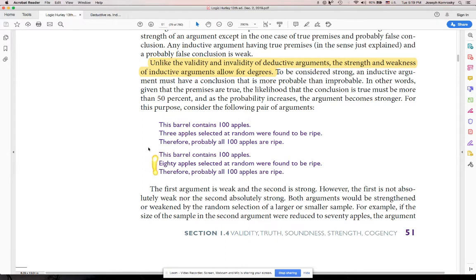And then what if I said, let's make it really, really strong? Because remember what I just said, the more statistical data, the better. Now what if I said, there was this pill that was tested in 1,000 colleges around the world at random, and classes over 50 students, and we found millions of students that took this pill did really well in their exam. Therefore, probably when you take this pill, you get smarter.